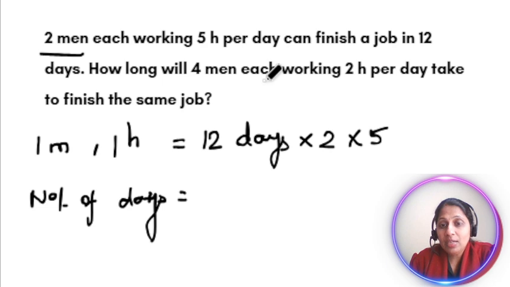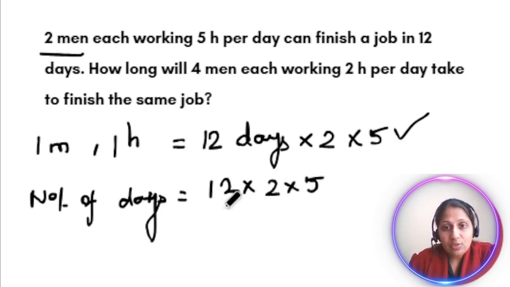So now 4 men are dividing this entire job, and they are going to work for 2 hours per day. So what operation do you have to do? Because they are going to share this work, right? This is for only 1 man, 1 hour. So now we are going to distribute it for 4 men. So obviously distribution means division. So divided by 4 into 2.